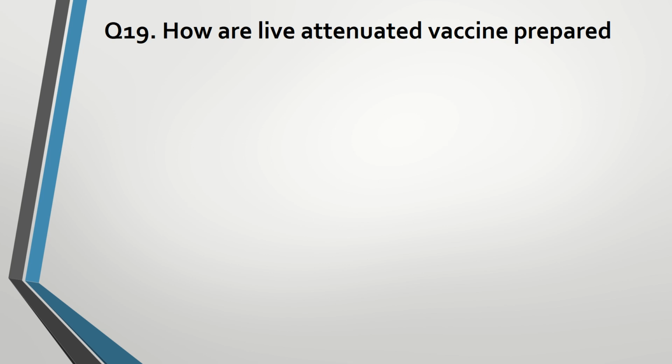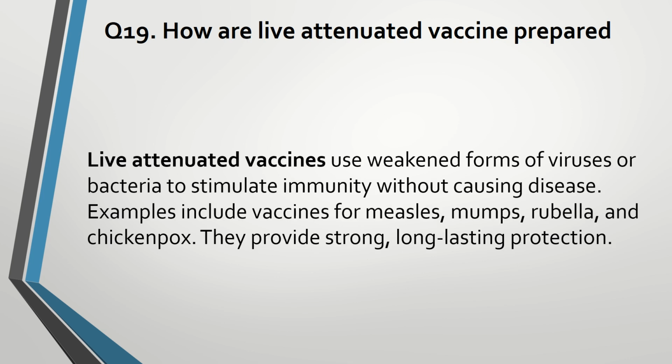Let's move to the definition of live attenuated vaccine. Those are vaccines that contain a weakened form of virus or bacteria to stimulate immunity without causing disease. That's the definition of the attenuated vaccine.